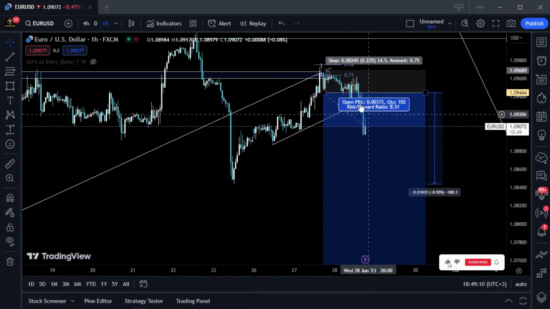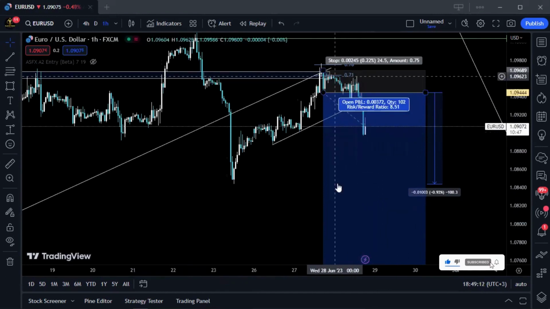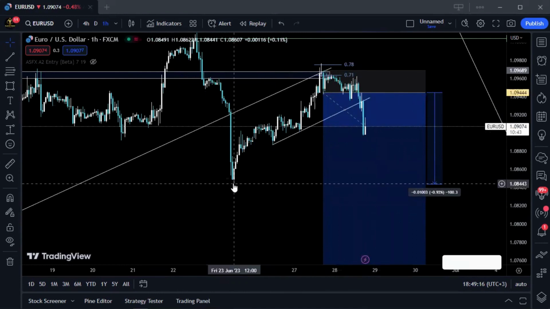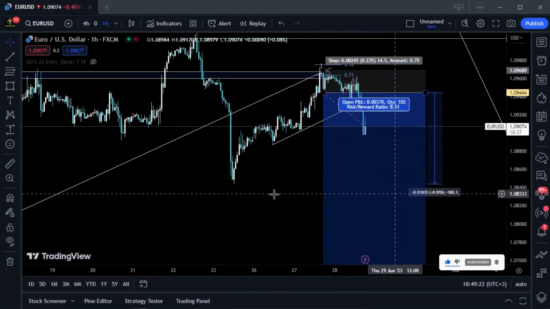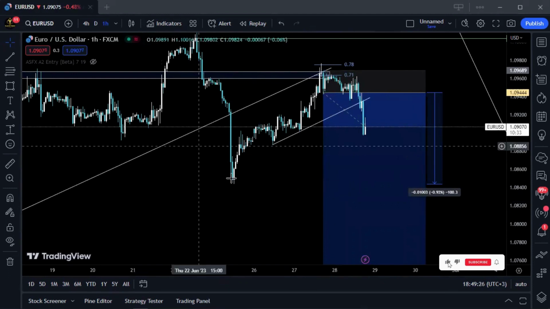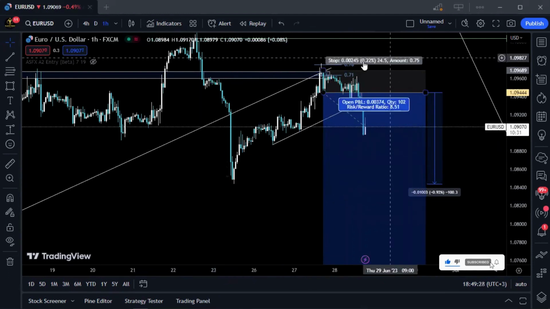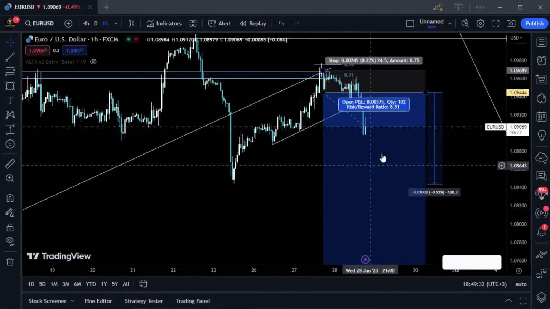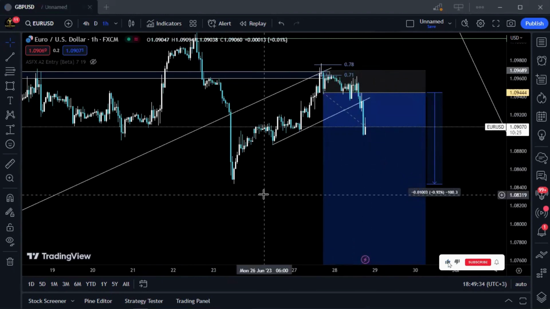Since the momentum is still very strong, I'll be holding this until prices probably reach down here on this most recent structure, at around 1:4. I may consider starting to close off the trade there, because we are on another resistance and it will have given us a 1:4. But other than that, on EURUSD, I keep on holding it and see how it plays out.